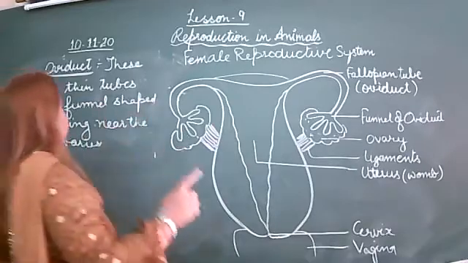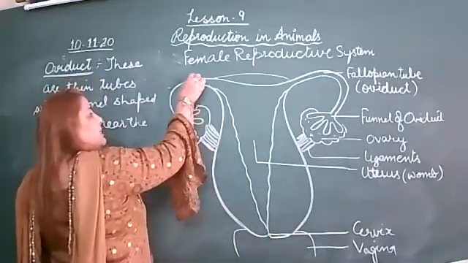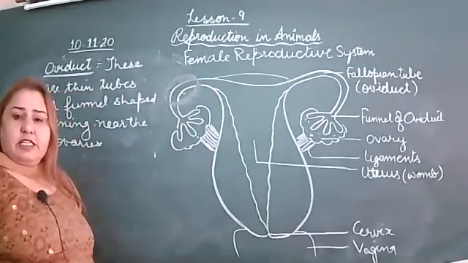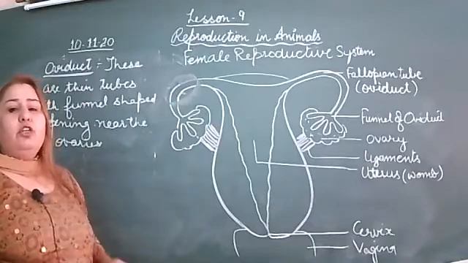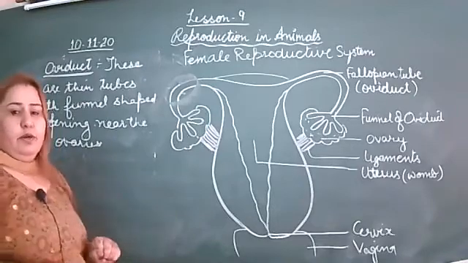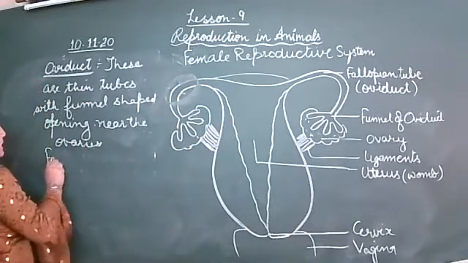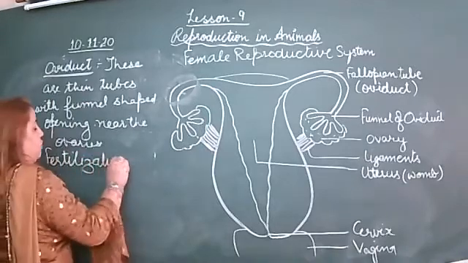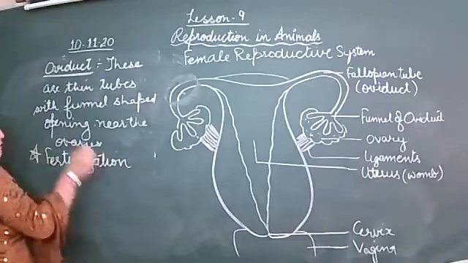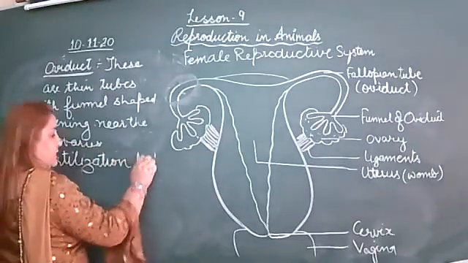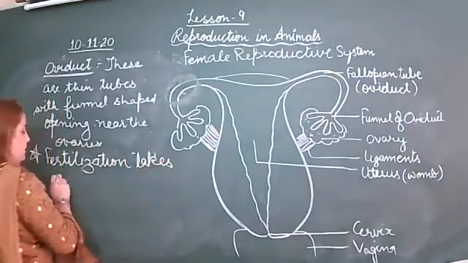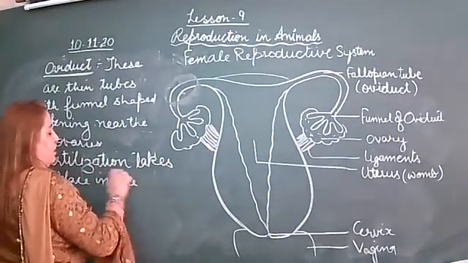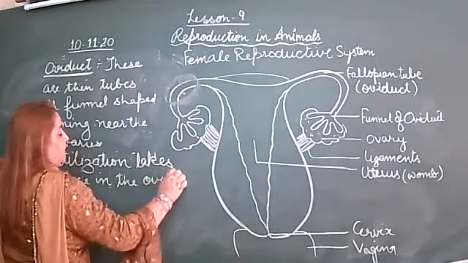Very important line here: fertilization takes place in this oviduct, or the fallopian tube. You can write down like this: fertilization takes place in the oviduct.